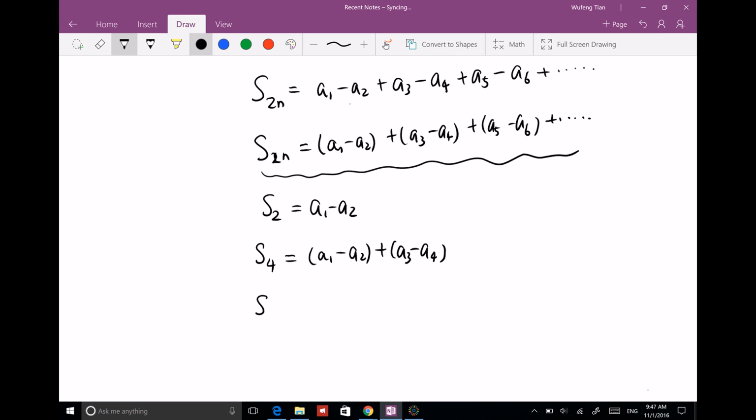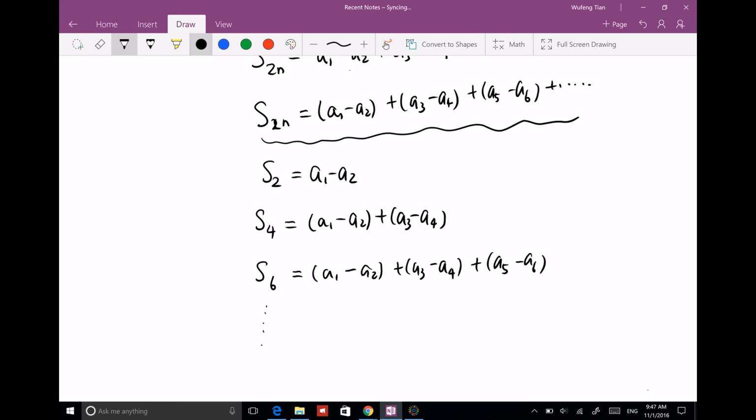And then S6 equals a1 minus a2 plus a3 minus a4 plus a5 minus a6 for 6 terms. So if I continue, I'm going to have the S_2n sequence. S_2n equals 2n terms: a1 minus a2 plus a3 minus a4 plus, continue, plus a_(2n-1) minus a_2n, right? That's 2n.